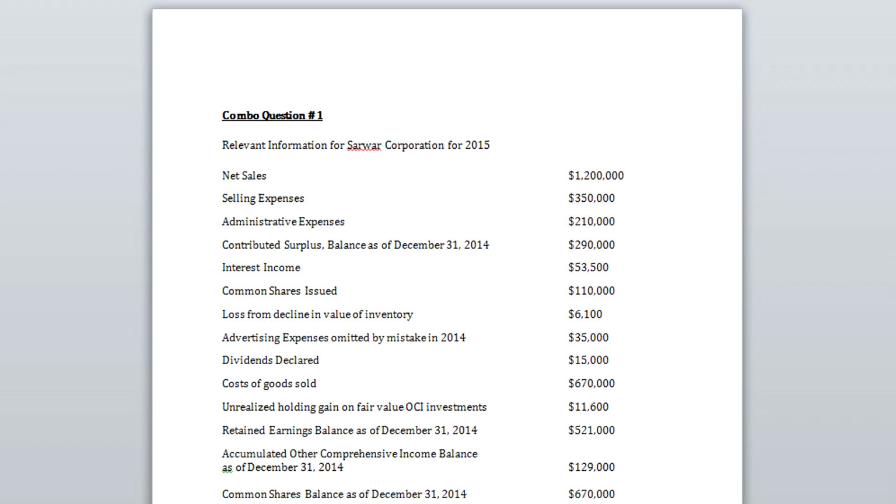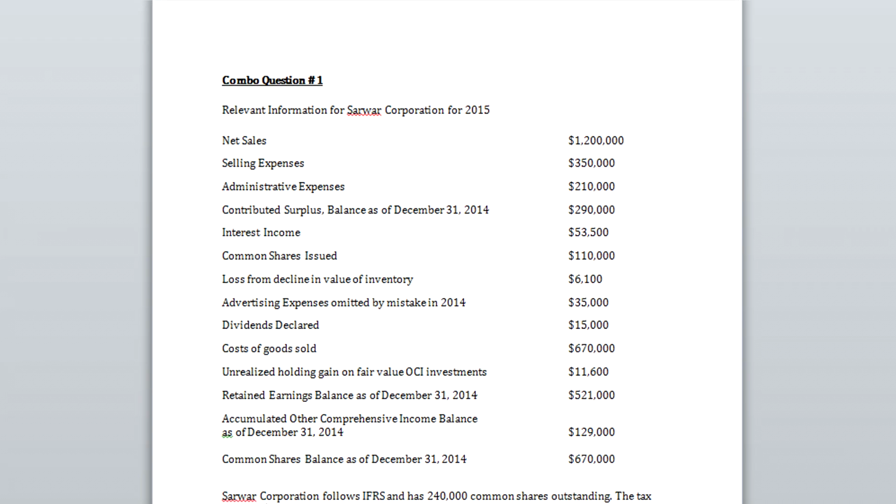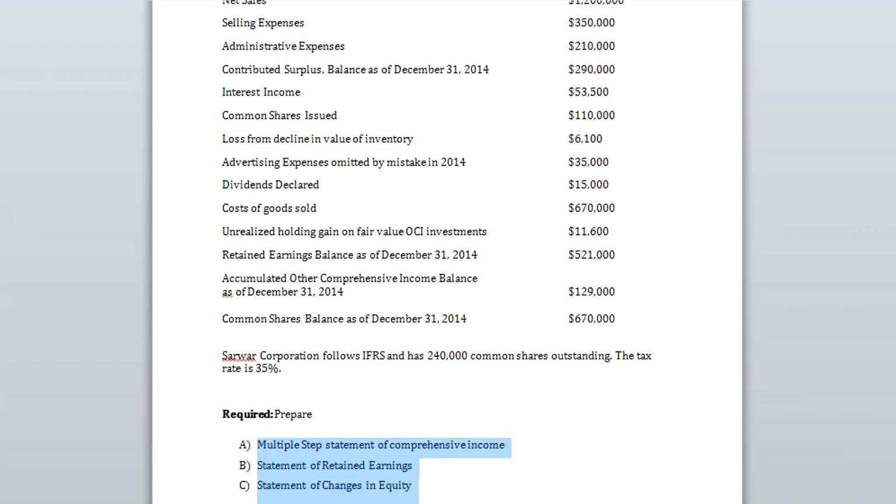So I just wanted to give you a few combo questions. In this video, I'm going to be doing the first, and then I'll also have another video where I do a second combo question, just to show you the relationship between these three statements: the income statement, the statement of retained earnings, and the statement of changes in equity.